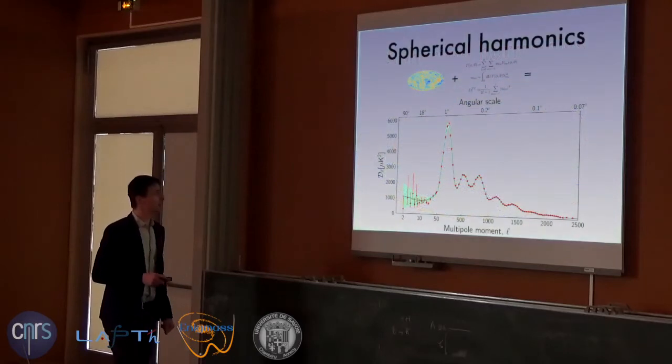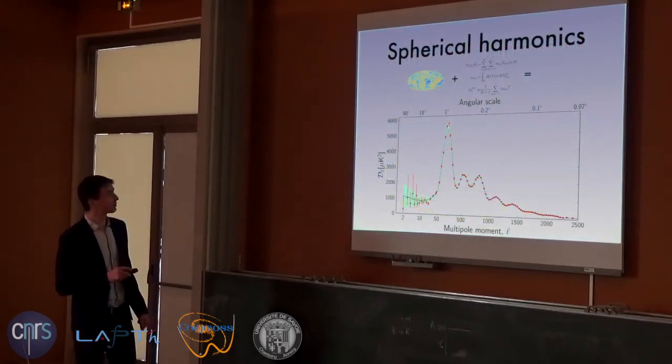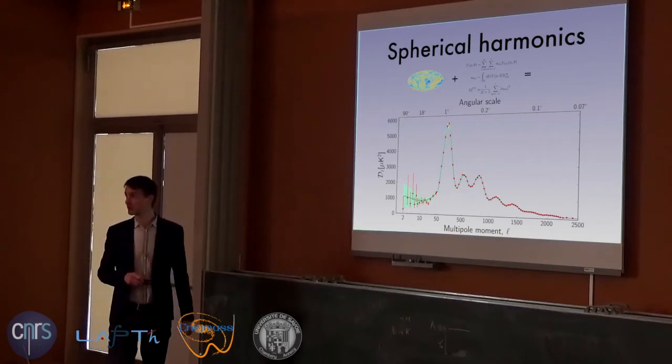You apply that to the cosmic microwave background map and you get this figure. So the power in multipole l is here given on the vertical axis as a function of the multipoles on the horizontal axis. And you see this very clear oscillatory shape of the power spectrum of the cosmic microwave background.